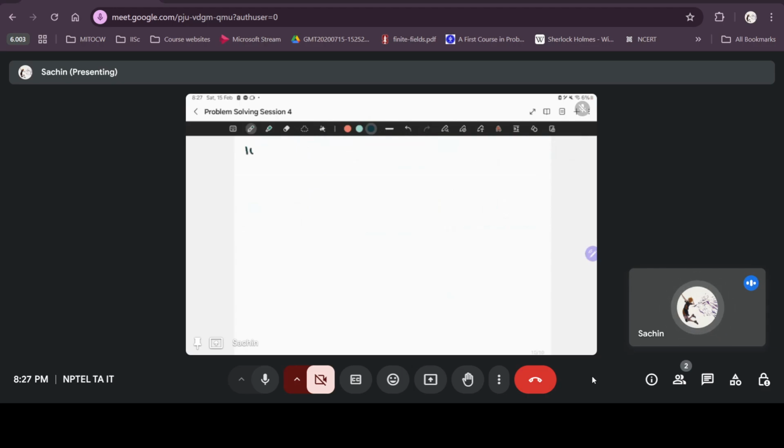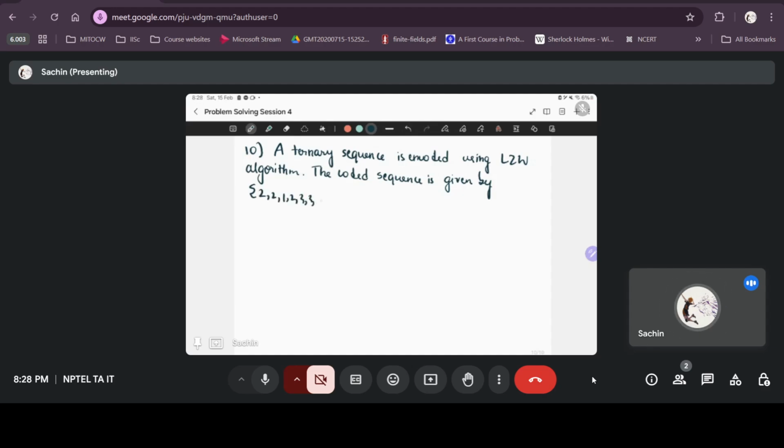Final question: a ternary sequence is encoded using LZW algorithm. The coded sequence is given by 2212 334 1011 103.